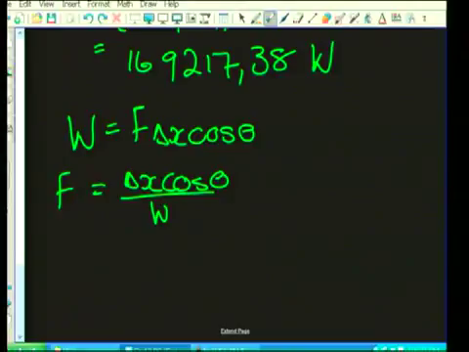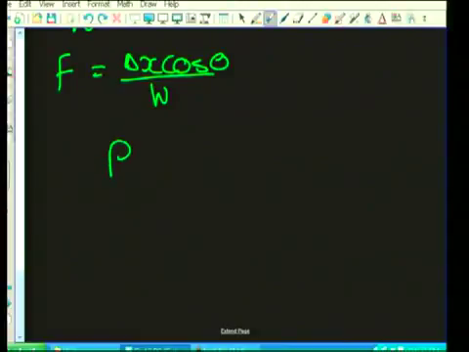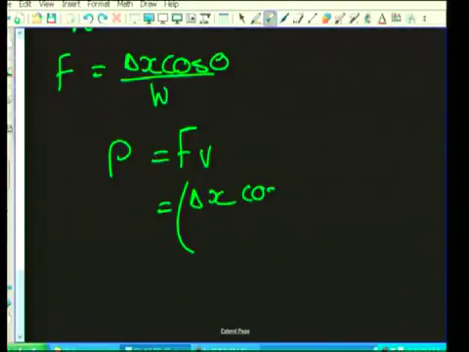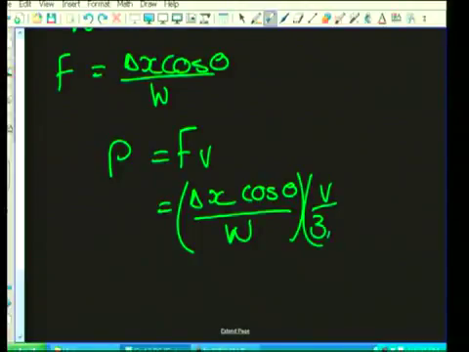We took the velocity and divided by 3.6, so I could have actually written the power equation as force times velocity, so that means it would be work done divided by delta x cos theta times my velocity divided by 3.6. You're more than welcome to do that, grade 12s, okay? So you're more than welcome to go along, do a real equation like this, and then substitute everything in.